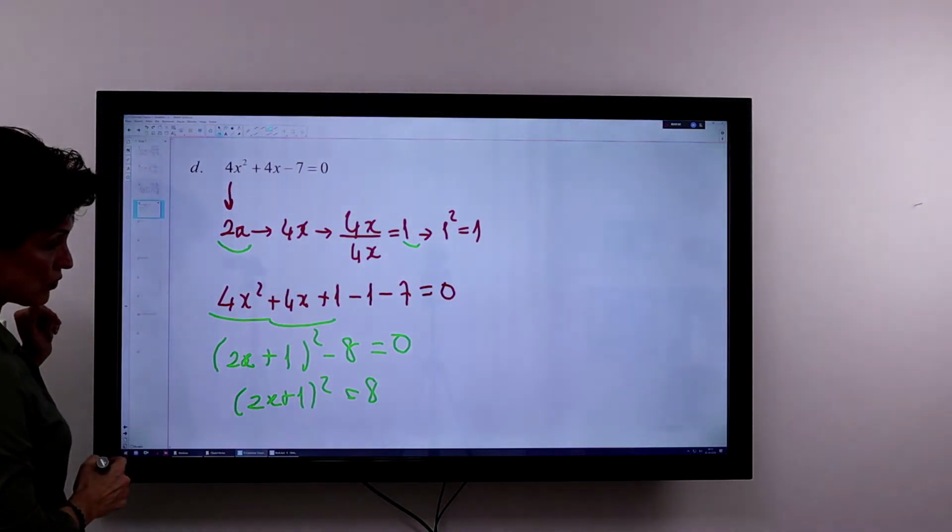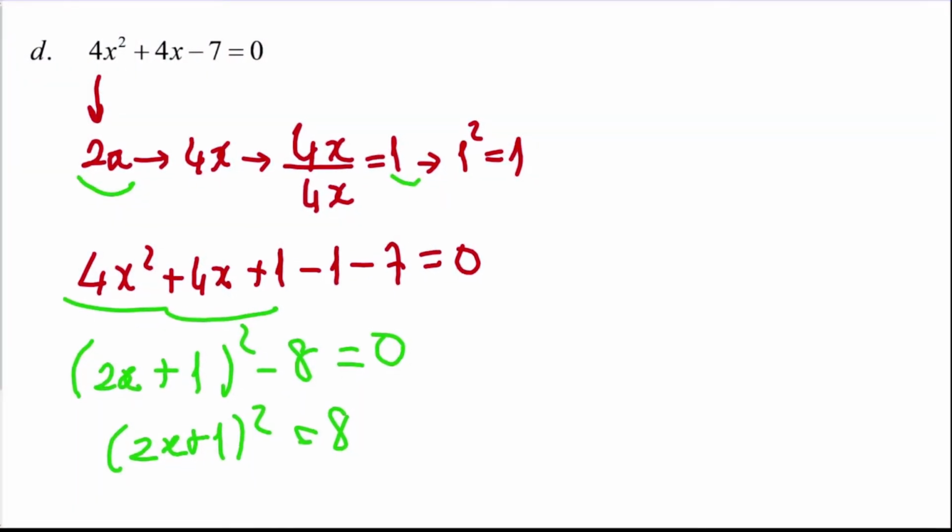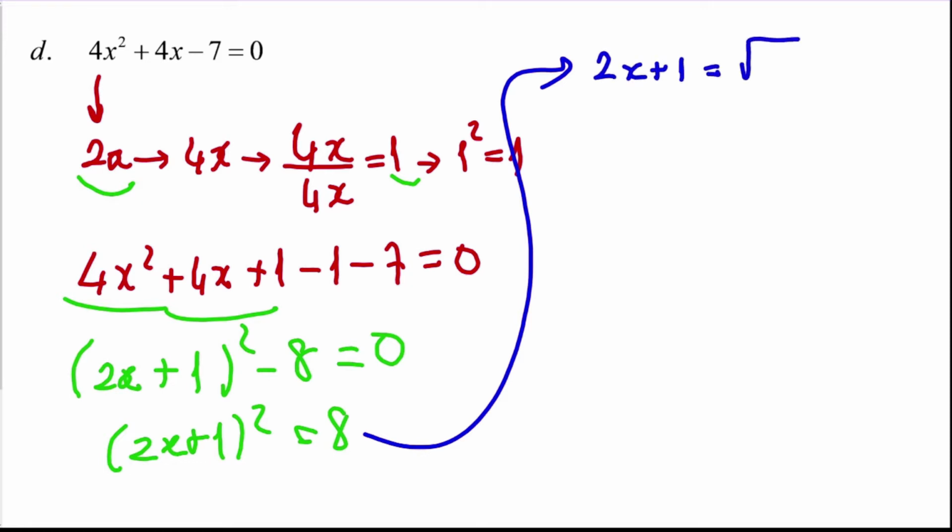Which number squared is 8? We have two different options. The first one is 2x + 1 equals positive square root of 8, which is 2√2, right? If you don't get that, just use a calculator. Another option is 2x + 1 equals negative square root of 8, which is -2√2.